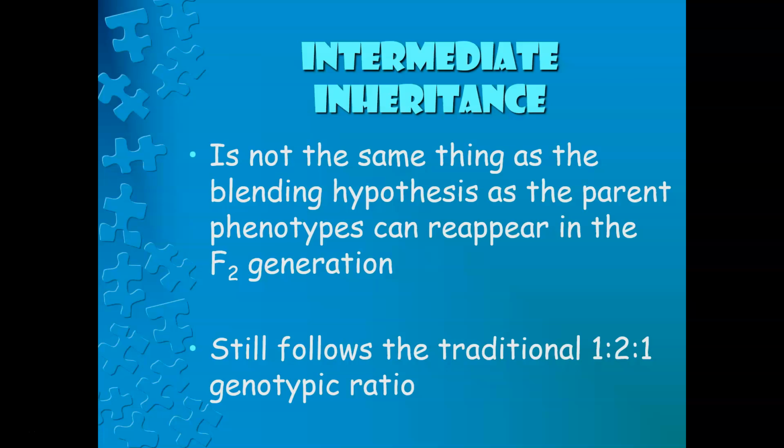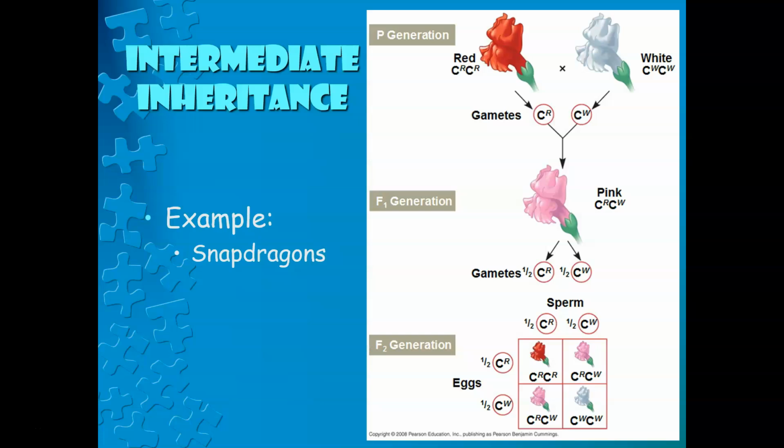The other popular hypothesis at the time was the blending idea, where the characteristics of an offspring appear to be some combination of their parents. If you look at intermediate inheritance, at least from our P generation to our F1 generation, it really does look like some sort of blending is going on. If I blend red paint with white paint, I get pink. And that's exactly what you're seeing in these intermediate phenotypes.